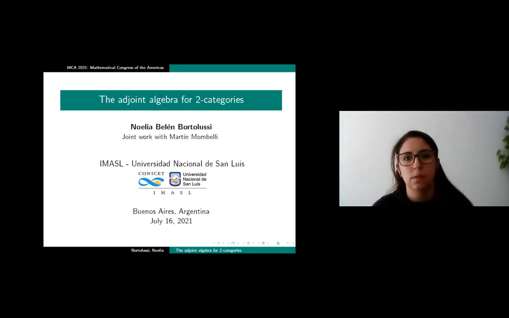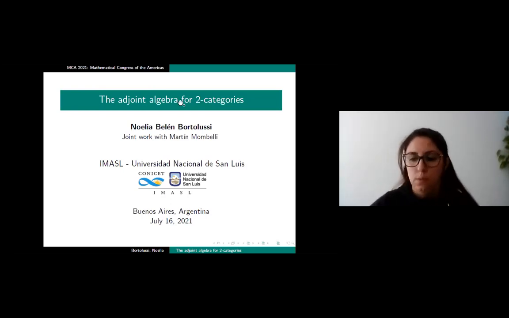In particular, we are looking at graded categories for a finite group. At the beginning, we didn't have any idea, intuition, nor tool to do it. But in the middle, we came up with the idea to move to two categories, and see if from there we could find some way to compute this adjoint algebra.